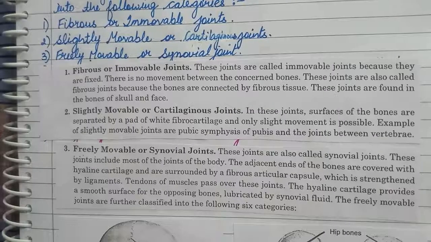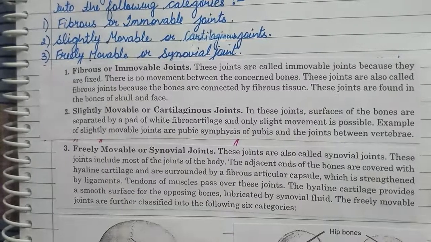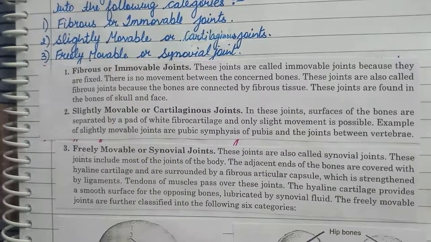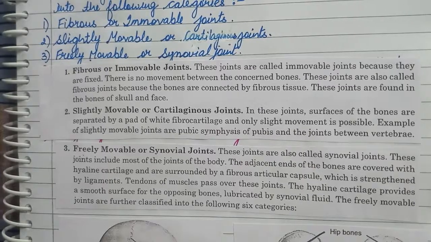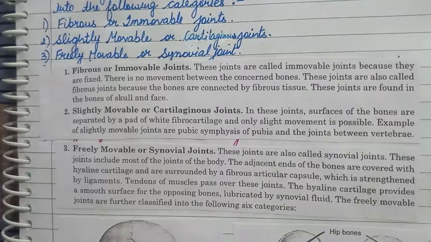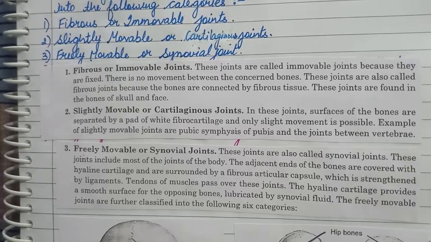Explanation of these joints. Fibrous or immovable joints. These joints are called immovable joints because they are fixed. There is no movement between the concerned bones. These joints are also called fibrous joints because the bones are connected by fibrous tissue. These joints are found in the bones of the skull and face. Second, slightly movable and cartilaginous joints.